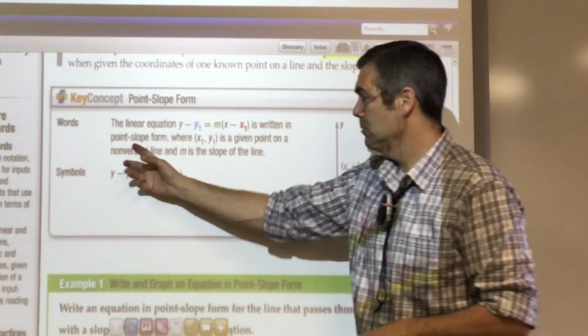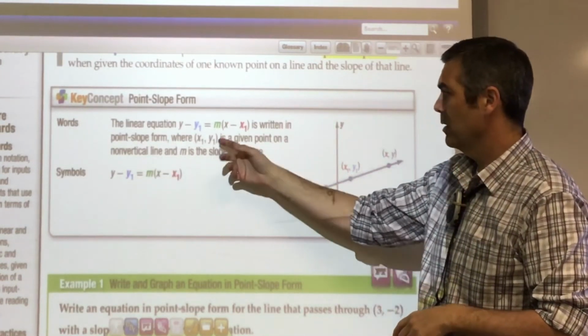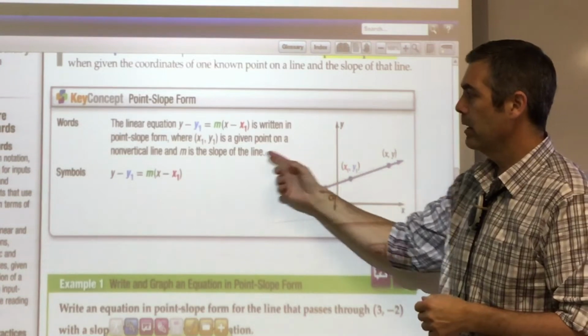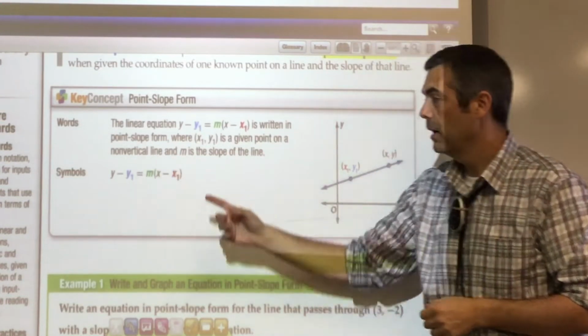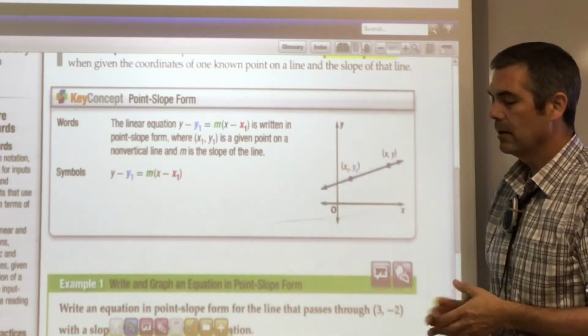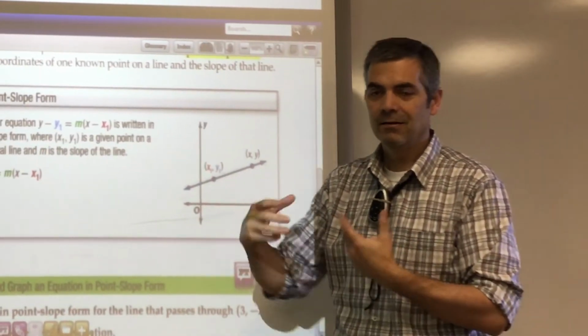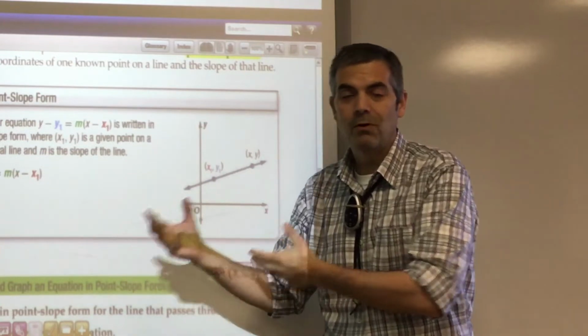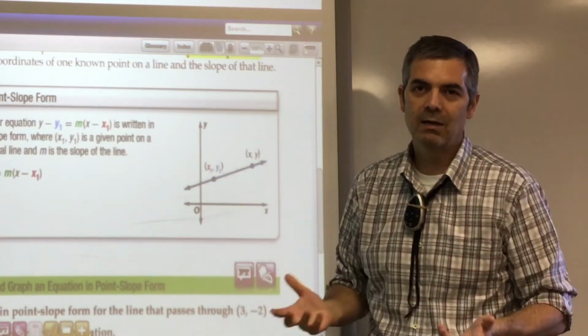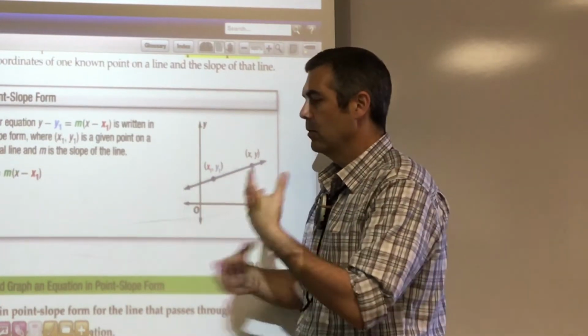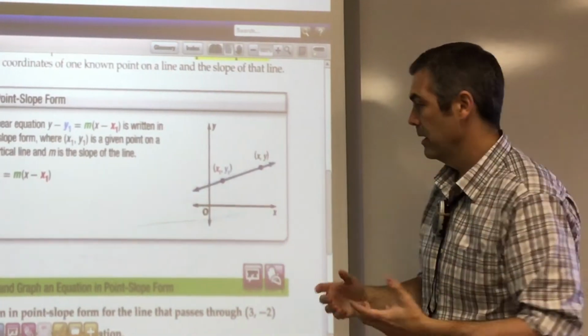It's written in point-slope form, where x subscript 1, y subscript 1 is a given point on a non-vertical line, and m is the slope of the line. It's non-vertical because you can't write an undefined slope in point-slope or in slope-intercept form. You just can't write that, so understand you're talking about a non-vertical line here.